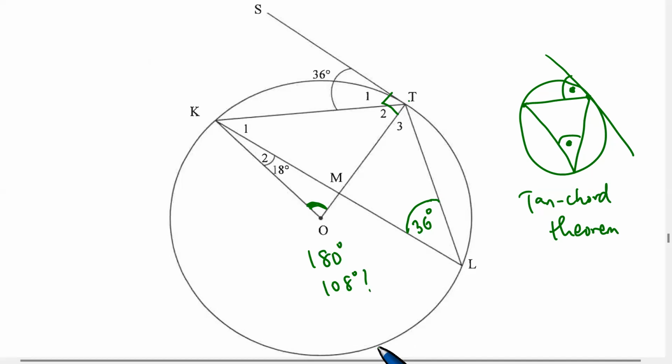You are on it, but there's something small you need to do. Think about it again. How much? 32. Okay.